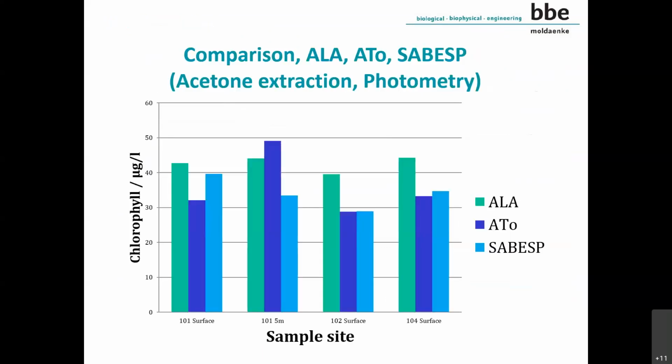But when we compare these results we obtained from the AlgaeTorch to another fluorometric device from bbe, that is a lab analyzer, and compare this to the photometric approach, here in this case it's not ISO, it's acetone extraction, we see that the values are fairly good, so that we can say that the results obtained from the different instruments are quite similar.